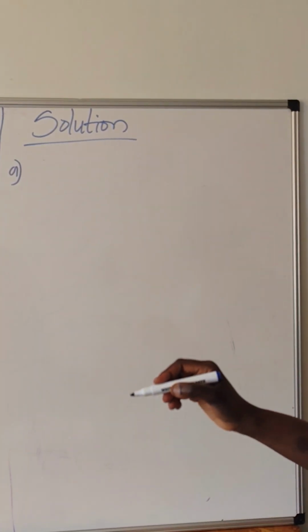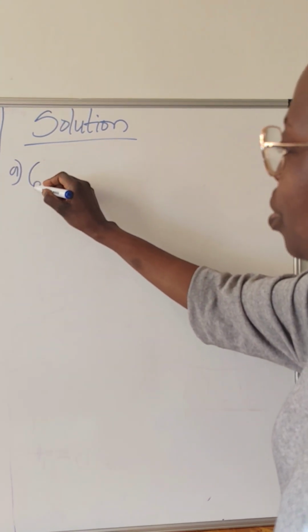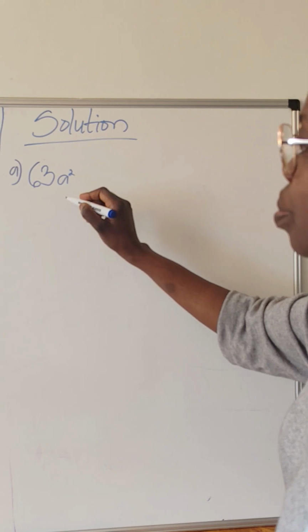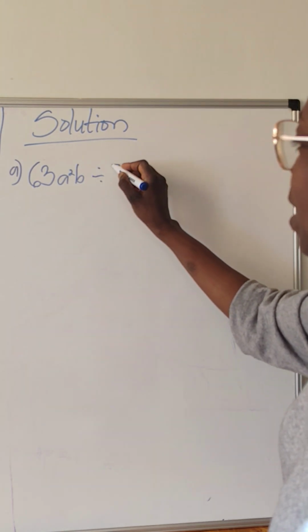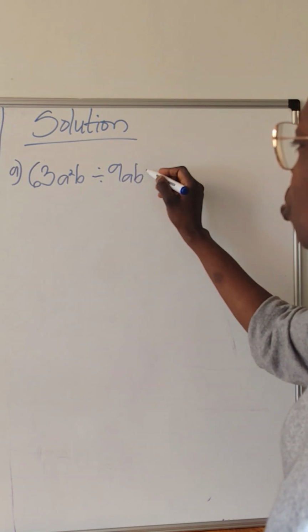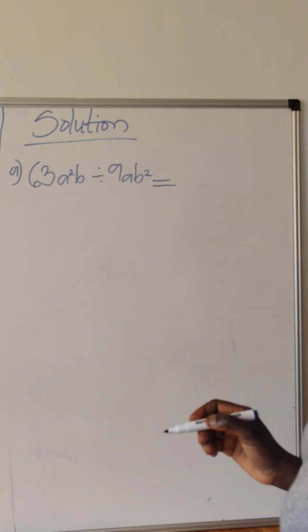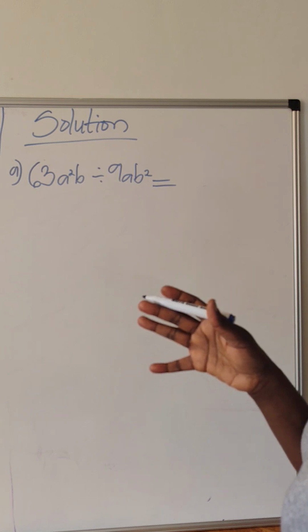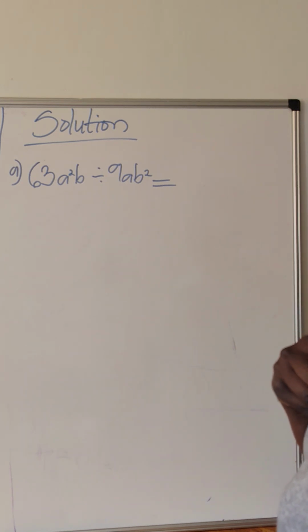Okay, for the first example in this video, 63a raised to power 2b divided by 9ab raised to power 2. As it is on the board, viewers, it is for us to put in place the use of the division law.